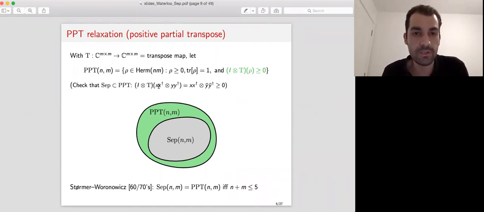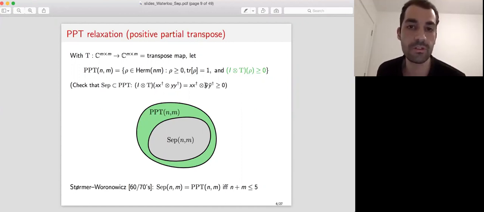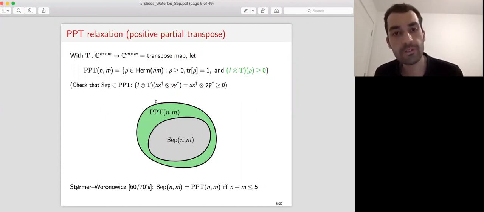You just have to verify this on the extreme points of SEP. If you apply identity tensor T on XX dagger tensor YY dagger, you transpose this second slot that you see here, and you get Y bar Y bar dagger, and this is positive semi-definite as it's the tensor product of two positive semi-definite matrices. And so we get this relaxation of the set SEP. That's an efficient relaxation. It has an SDP description.